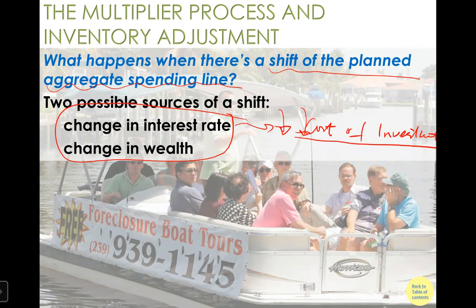So if investment increases when interest rate declines, what does that mean for the planned aggregate spending line? That will increase, or move up. On the other hand, if interest rate increases, then the cost of investing will increase, and consequently the planned aggregate spending will push down. It becomes more expensive to invest, right? So this is the first factor.